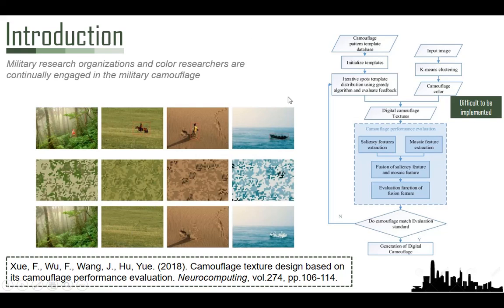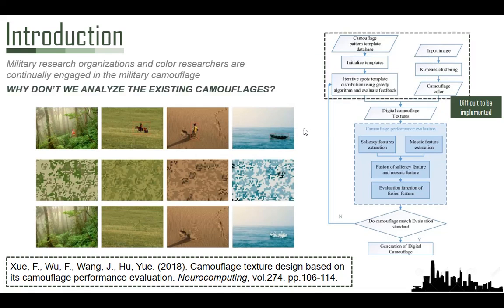However, this study is very difficult to implement in military research organizations because each military organization has its own standard, its own color, its own identity. So constructing a new military camouflage color and pattern is very difficult to implement in the real world. So why don't we analyze the existing military camouflage using the existing algorithm? That's why I conducted my study.